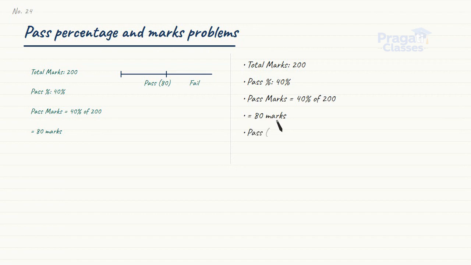To find the minimum marks you need, it's just a percentage of a quantity from earlier, 40% of 200. 40% as a decimal is 0.40 times 200, gives 80 marks. So you need at least 80 to pass. On the board you can see the line: 80 and above is safe, below is fail. This is the same math as finding a tip or a discount, the context just changes.